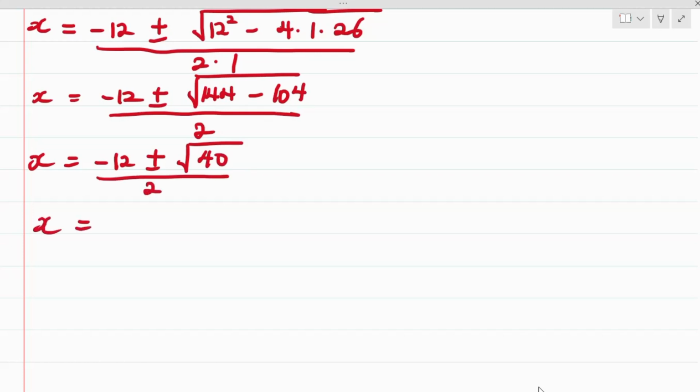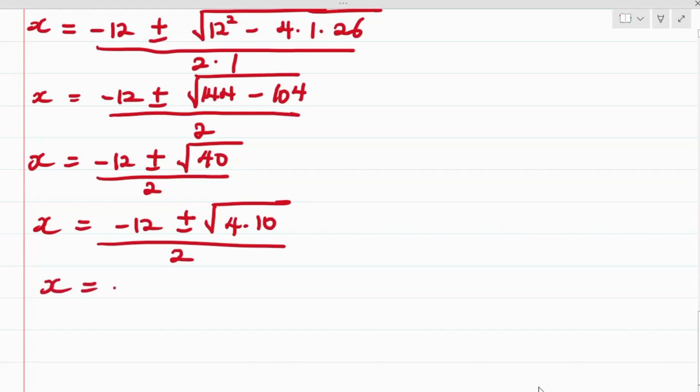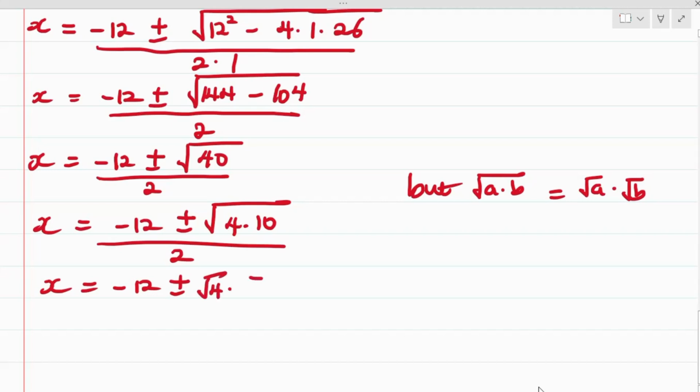So x is equal to minus 12 plus or minus the square root of 40, which can be expressed as 4 multiplied by 10, divided by 2. We know that the square root of a multiplied by b is equal to the square root of a multiplied by the square root of b. So we have the square root of 4 multiplied by the square root of 10, divided by 2.